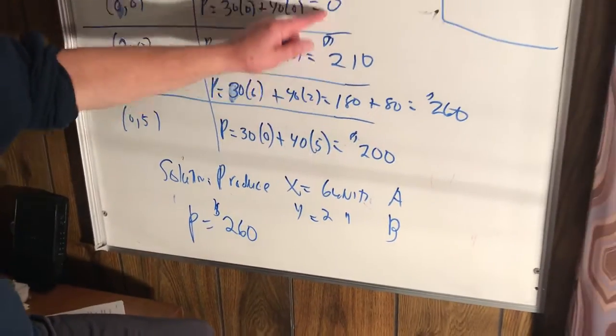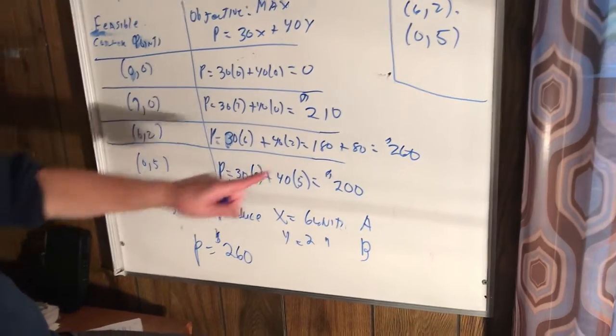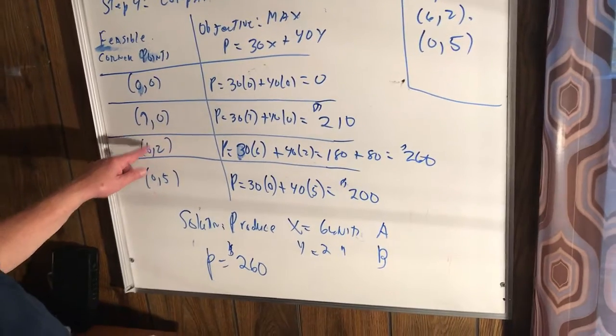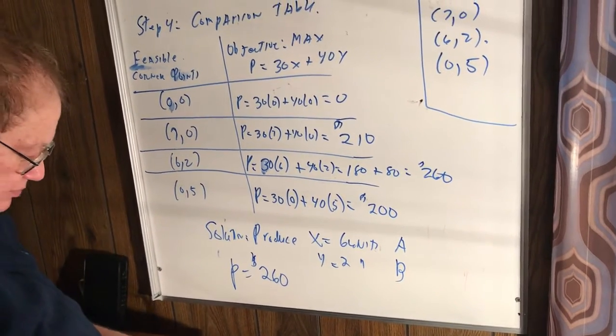That's the largest value that we got from here. So I maximize profit when I produce 6 units of product A and 2 units of product B.